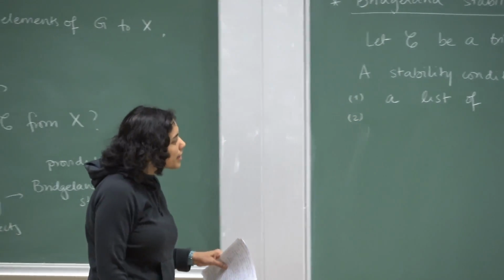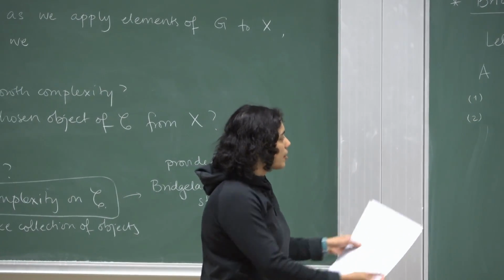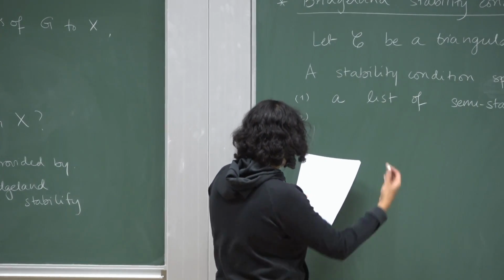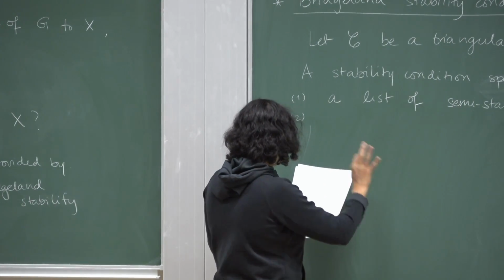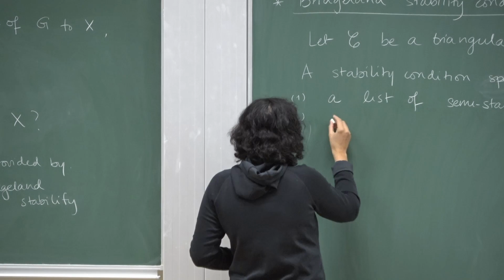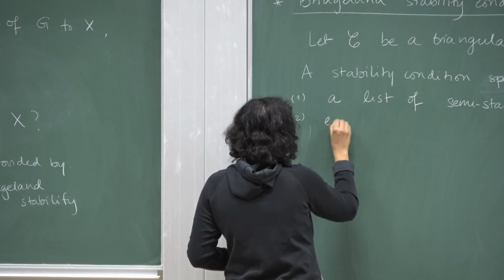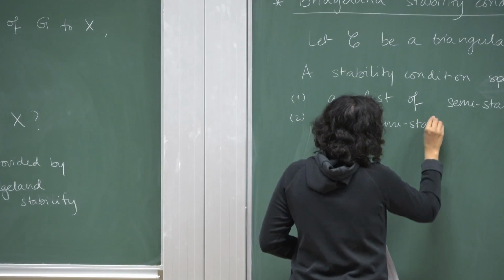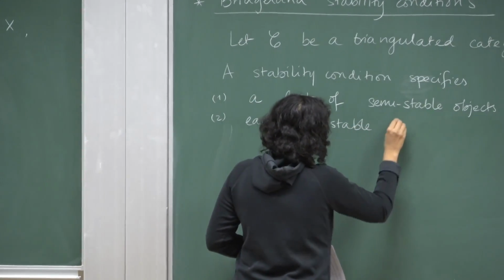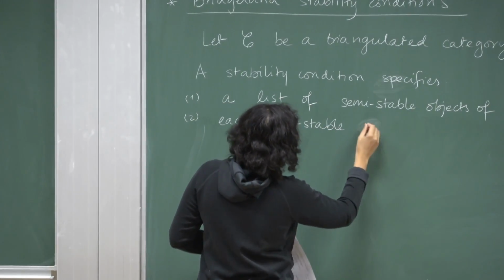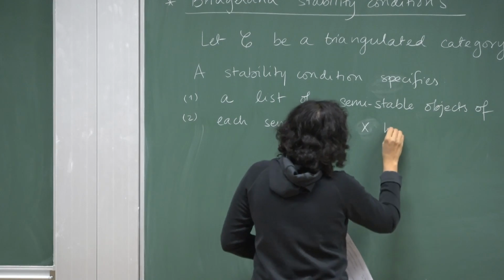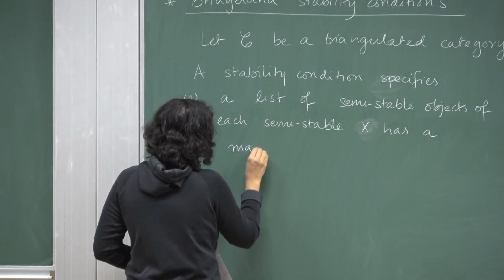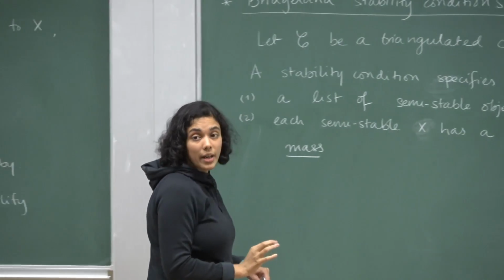Okay. And I'll highlight two other things which are important for this talk. So what happens to these semi-stable objects? They have to satisfy various things, which I'll get to, but in particular, each semi-stable object X has a mass. So this is all part of the data.